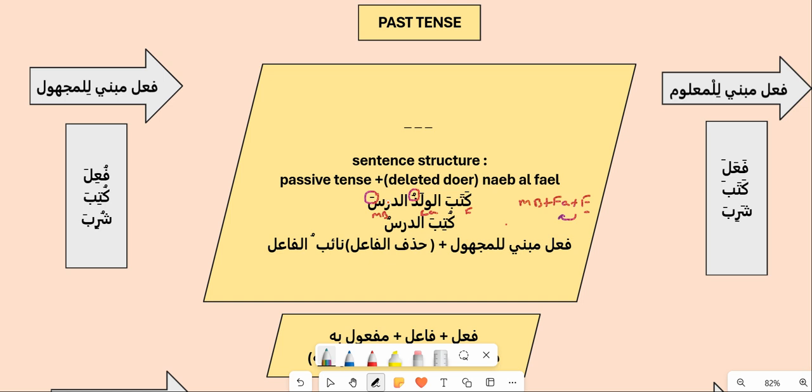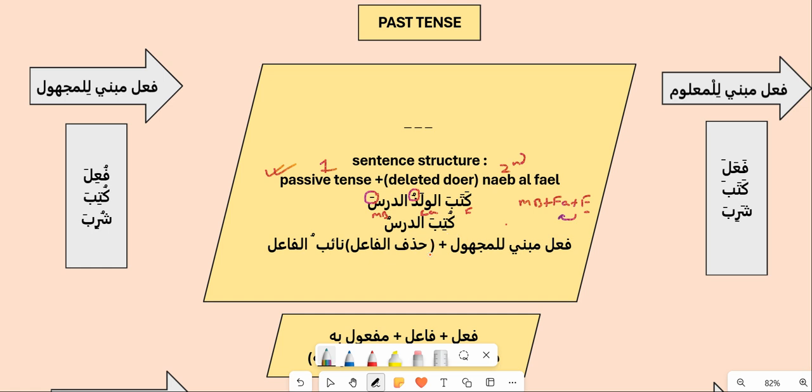The moment you need to change this simple jumla failiyyah into a jumla majhul, the formula you are going to use is: passive tense plus the doer is deleted and there is a naibul fa'il. So there are two main parts. The first part is the passive tense. The second part is naibul fa'il. One may ask, what is this naibul fa'il? Naib means representative. So how do you get this naibul fa'il?